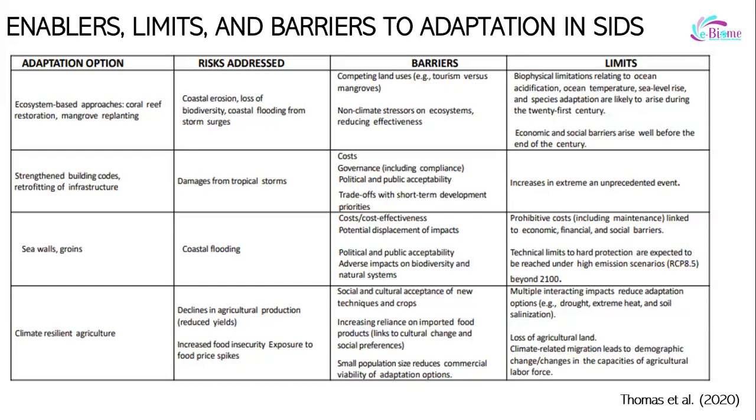There are certain barriers, however, such as competing land uses from tourism. And of course, there are limits, such as biophysical limitations relating to ocean acidification, ocean temperature, and sea level rise.